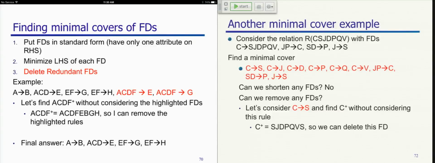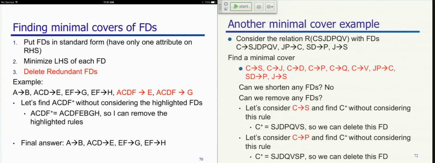The closure of C is going to give me CJDPQVS. And if I don't consider that and I do the closure again, I'm going to get the same value. Where am I going to get S from? I'm going to get S from J, from the last one. Since I already know J, J is going to give me S. So I can remove that rule and I'm still safe.